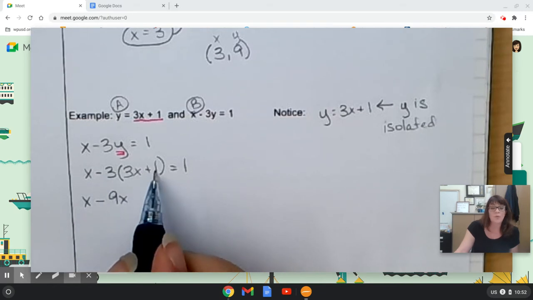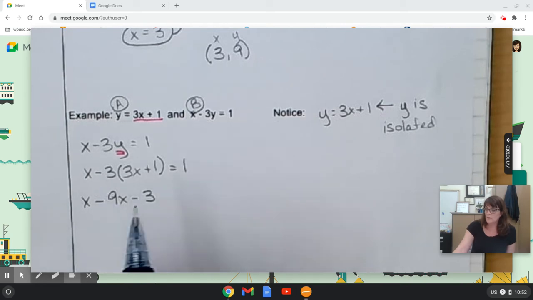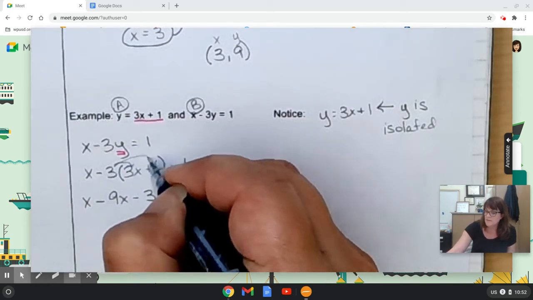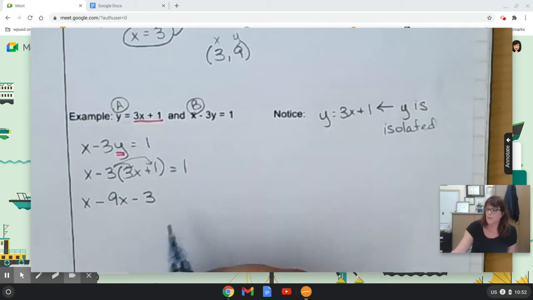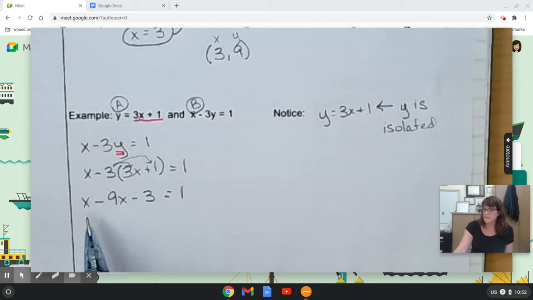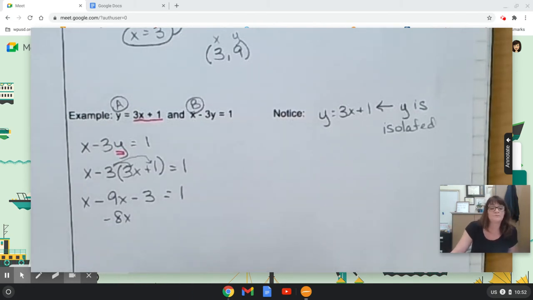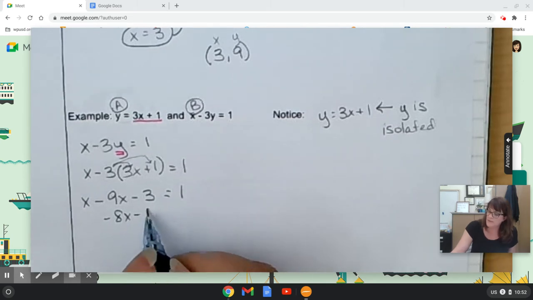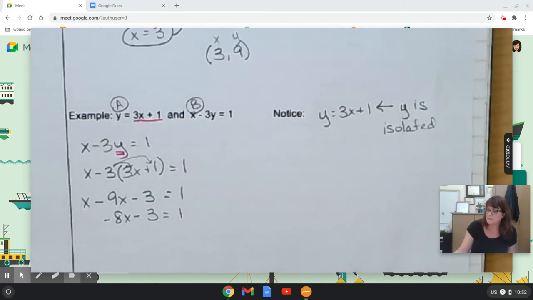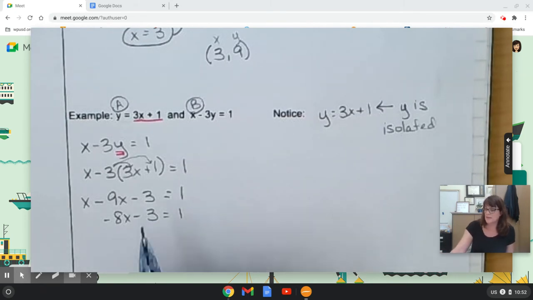Negative 3 times 1 is negative 3. You distributed this to everything in the parentheses. It still equals 1. That hasn't changed. Now I combine like terms. I had 1 xylophone. The kindergartners took away 9 xylophones. I am negative 8 xylophones. Minus 3 equals 1. And we continue to solve what is now a very standard linear equation.